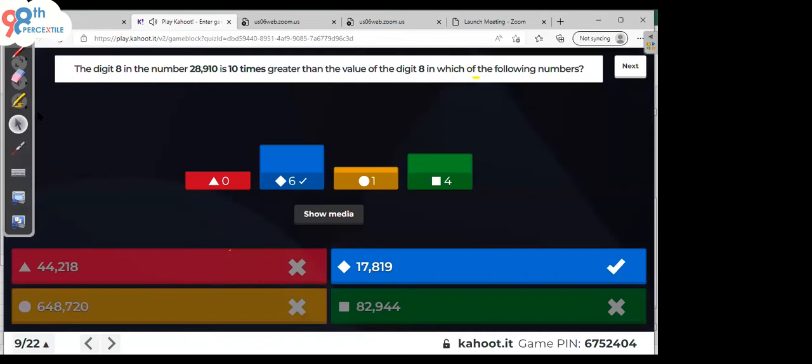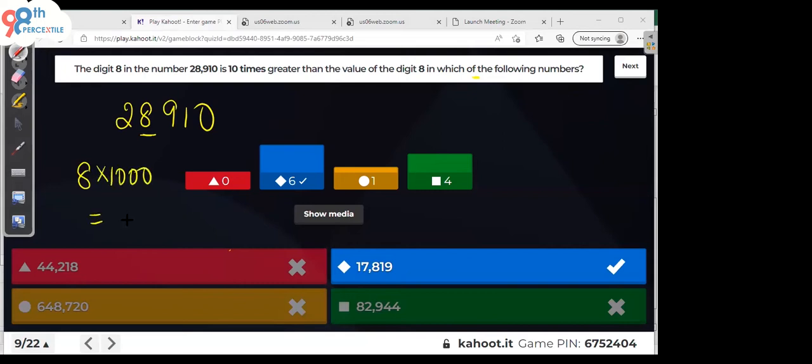Okay, 6 of you got it correct. Let's check. The question is about the number 28,910. The 8 in 28,910 is in the thousands place, so it is 8 times 1000, and that is 8000. Which option is 10 times less than that? Here it is 8 times 1, which is 8.